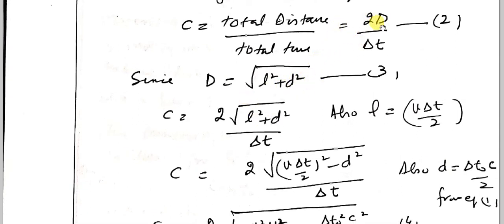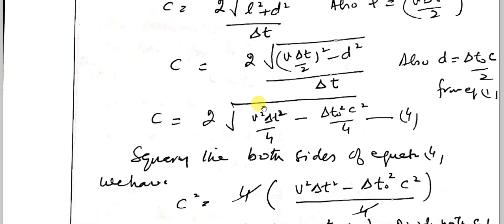Also, since L is equal to v delta t by 2, putting in the respective values, c is equal to 2 times the square root of (v squared delta t squared by 4 plus delta t naught squared c squared by 4) divided by delta t.